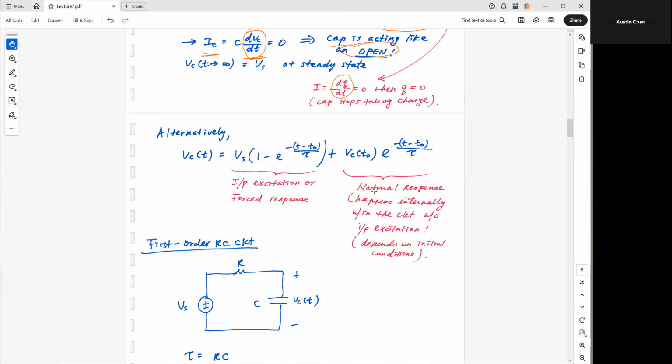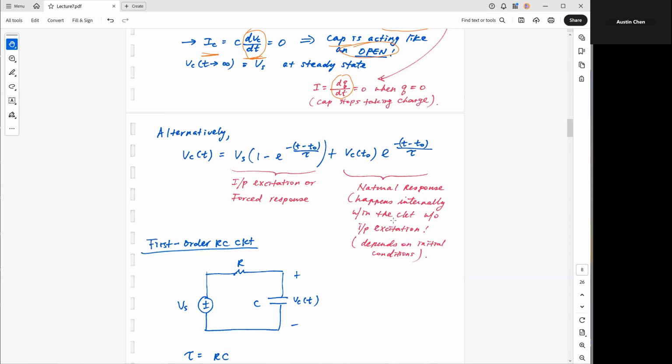And as you will see, in this natural response, this term is always associated with the initial condition. This is the natural response that will give you the natural frequency, the natural mode of oscillation, and that depends on the initial condition of the circuit.